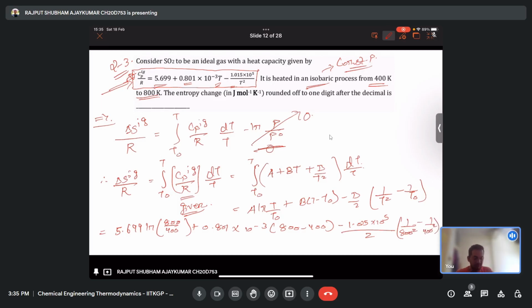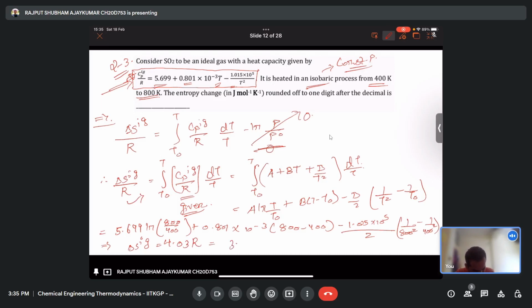So if we simplify, it's very easy to solve at the final point. If you solve this, what you will get is delta S of Ig equal to, just use a scientific calculator, you will get a value of 4.03, and we'll take this R on the right hand side, so it will multiply by R, that is 8.31451 Kelvin.